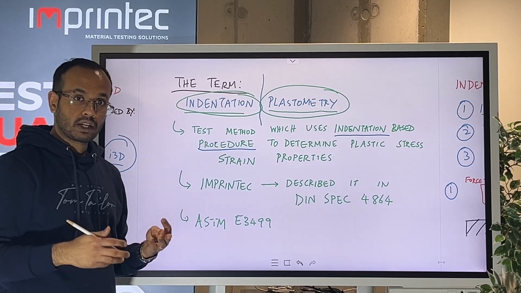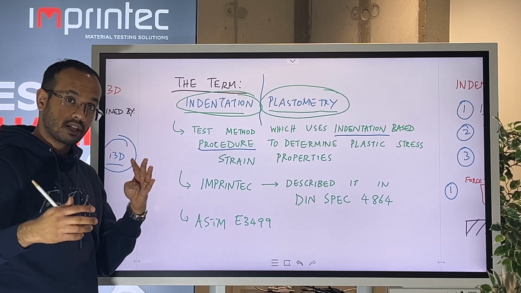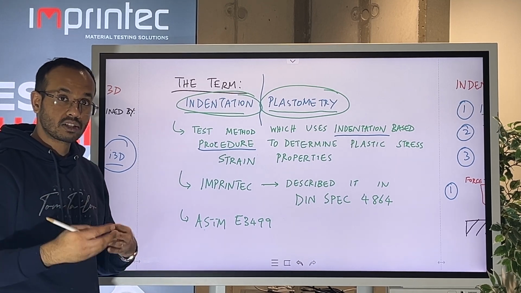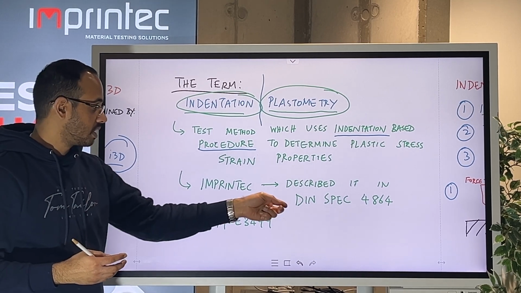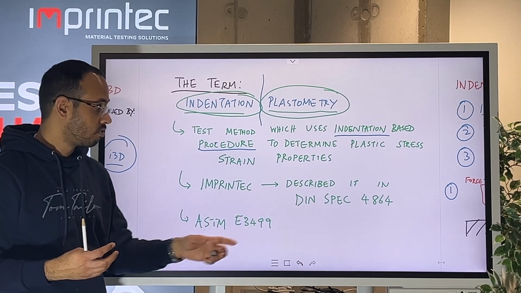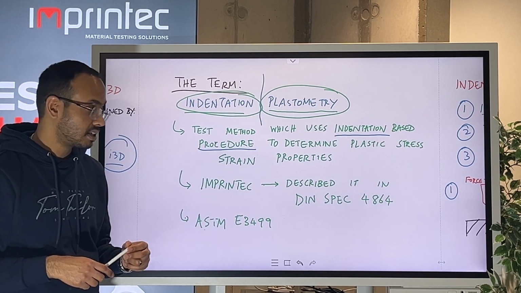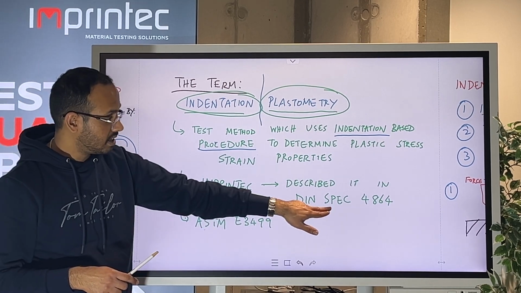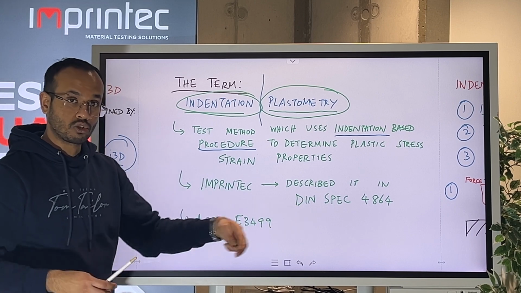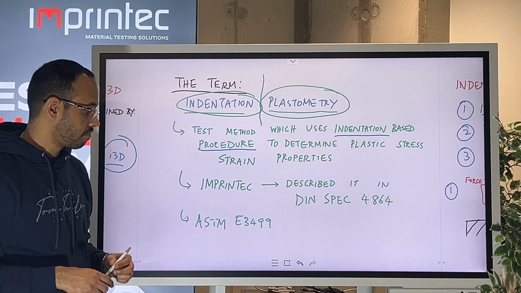Imprintec back in 2019 described this whole procedure in a standardized way. For the first time, it was described in the DIN SPEC 4864. DIN stands for the German National Standard. It's not a standard, but rather a specification, so it's more of a guideline of how you could apply this procedure.